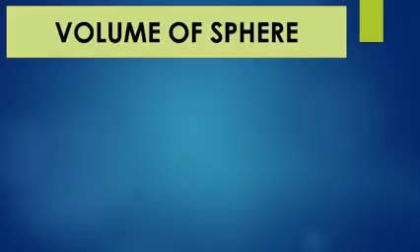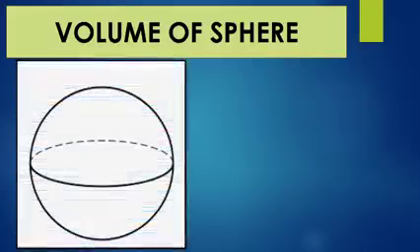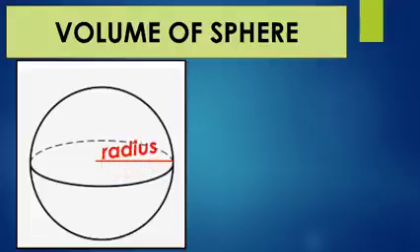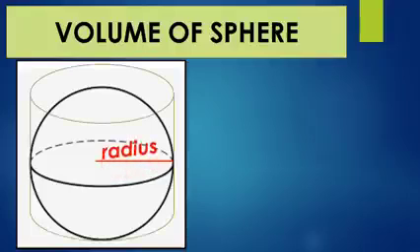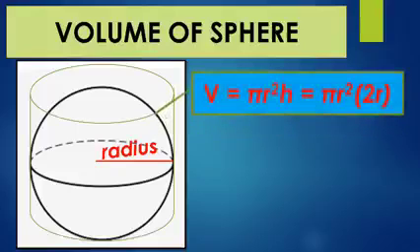Next is volume of sphere. So dito, given sa sphere, we have only a radius, okay? So formula in finding the volume of a sphere is 2/3 the volume of a circumscribed cylinder. So kung ipapalagay natin na nasa loob ng a cylinder yung ating sphere, we can come up with the volume of sphere, okay?